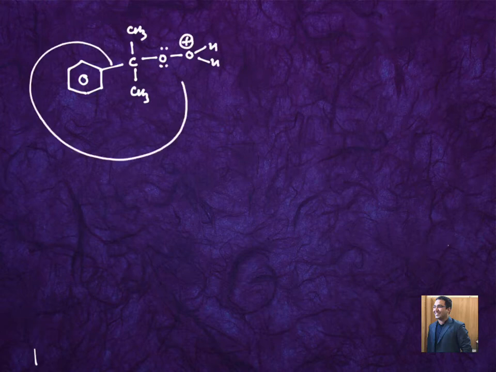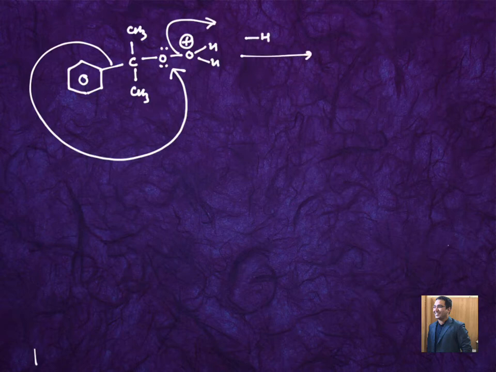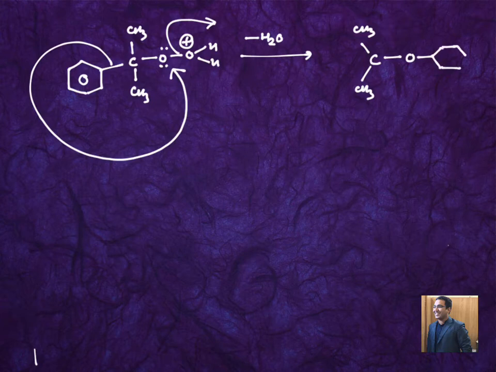Migration of Ph from here to here will ensure removal of water, and in this process, since water comes out, we can get CH3, oxygen getting attachment of this group, which is Ph. Plus charge appears on carbon. Why is it good to have plus charge on carbon as compared to oxygen? The reason is oxygen, being a more electronegative element, will not allow plus charge to be on it.